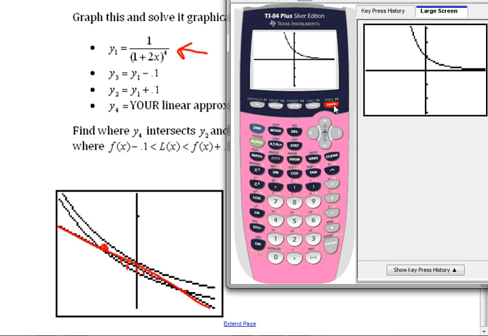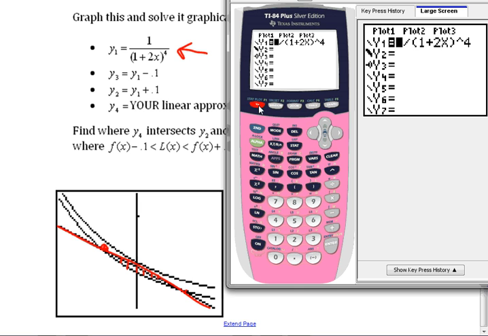Okay, now I have to put in my tangent line. I think I'm missing something there. So in y equals, I want to turn that off so it's not a thick line too. I don't know why when they clear it, that doesn't help. And I'm going to do the same thing to this one.